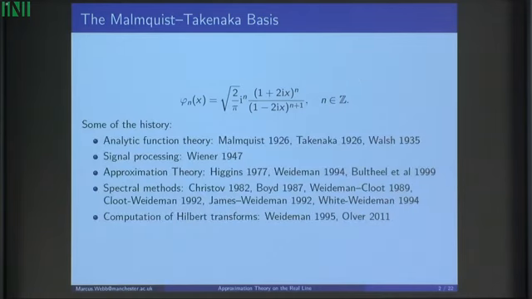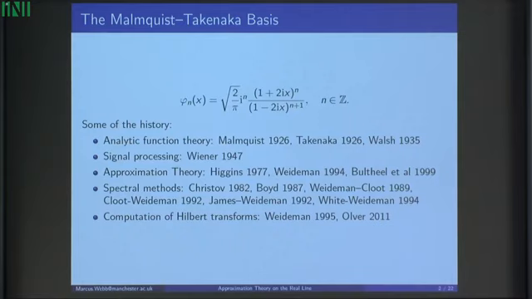Now this basis has a lot of history actually. I'm not sure how many people have seen this thing before. It goes back to the work of Malmquist and Takenaka for pure mathematical reasons, and it was later picked up by Walsh. But since then it's found more applications in things like signal processing and spectral methods, because it has quite a few remarkable properties. Some of the names on here people will have heard of, and some of them are in the room.